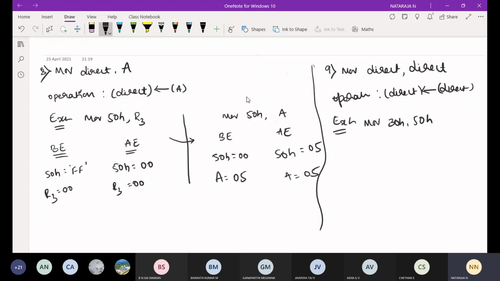Before execution, in 30H we have the data 11 and in 50H we have the data 00. After execution, what will be in 30H? 00, sir. Whatever data is in 50H will be copied to 30H, and the copy will remain the same in 50H.